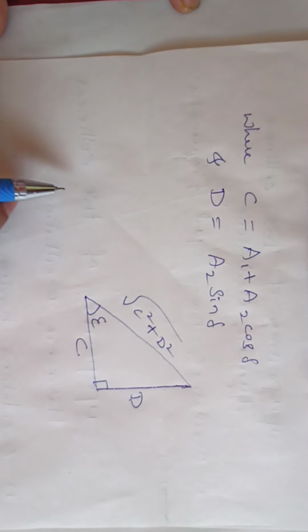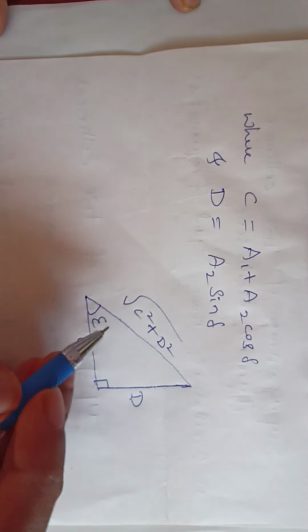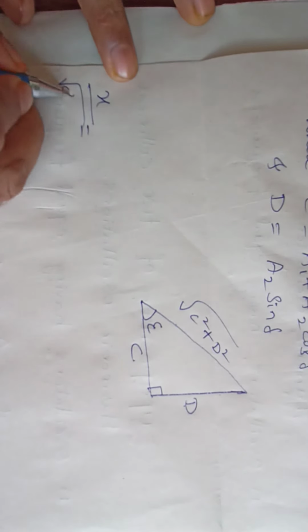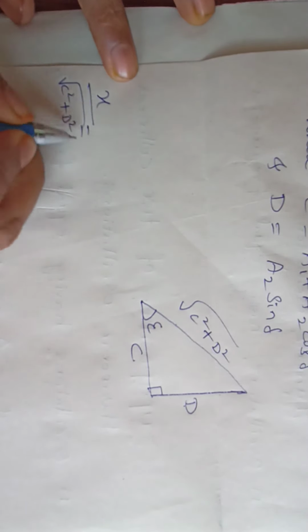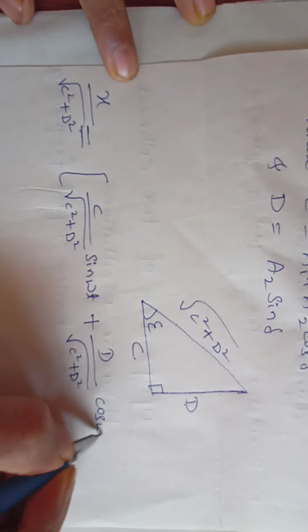Before that we have to divide the LHS and RHS by the hypotenuse, that is under root C square plus D square. So equation 2 becomes x by under root C square plus D square equals C by under root C square plus D square sin omega t plus D by under root C square plus D square cos omega t.